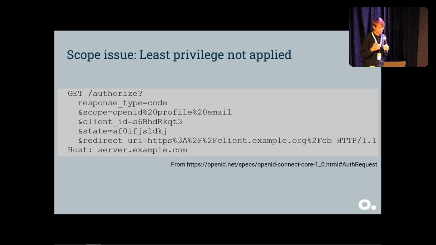Why is that so bad? It's by design, but if we just add scopes there, because scopes are easy to misconfigure, it's hard to keep least privilege when you do client configuration. You might be reusing a client for different applications, for different scenarios. For instance, you might combine a client where users do login, but also system integration.